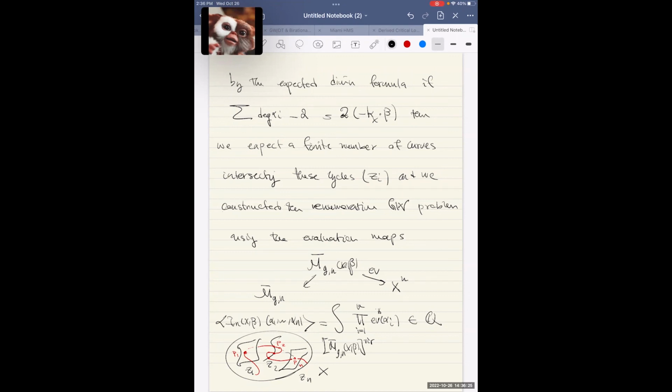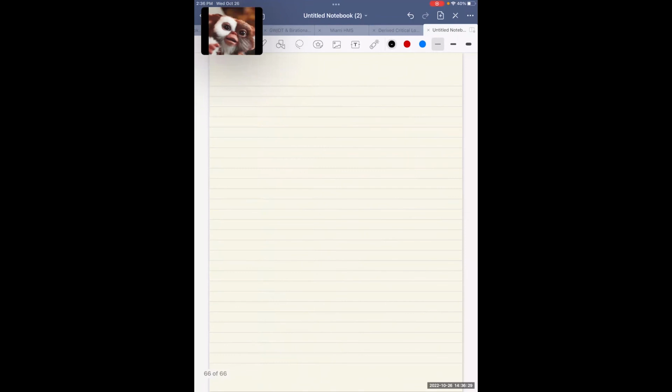Now, is it true that we can do the same thing in Donaldson-Thomas theory? In Donaldson-Thomas theory, there's a certain issue. We have no evaluation maps, because we are parameterizing sheaf moduli spaces.